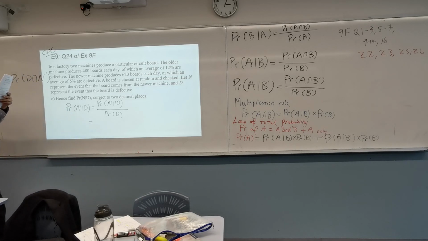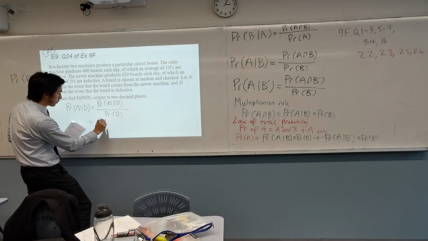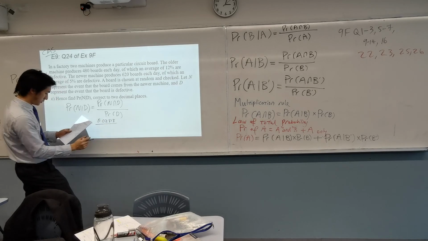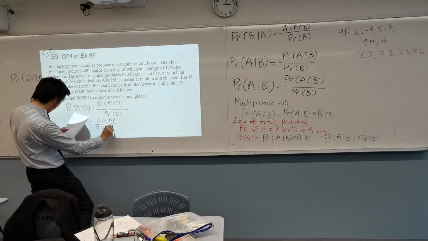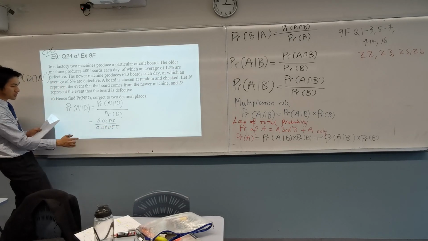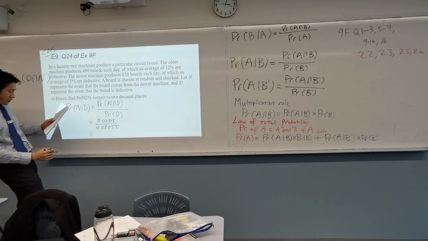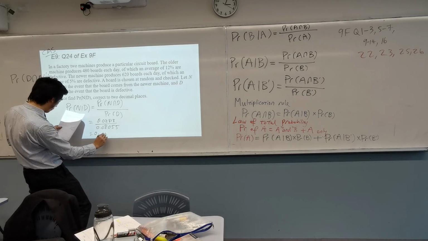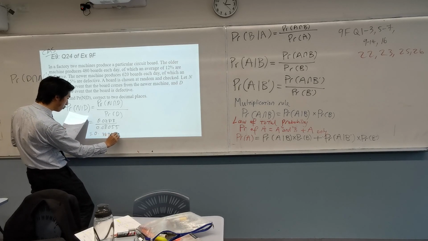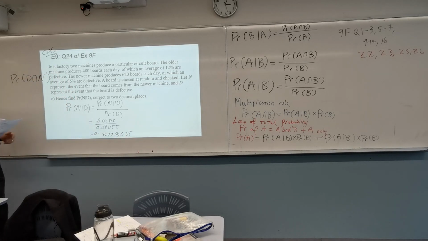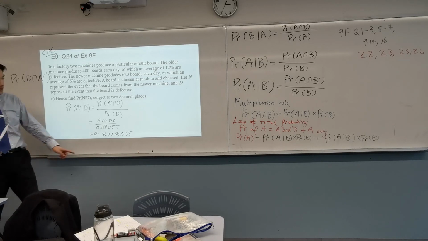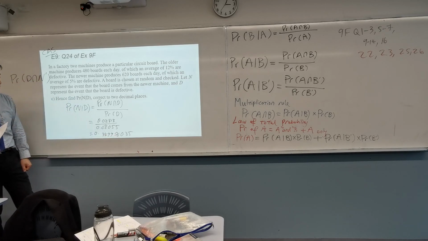Now I've got those answers already. 0.02818 divided by 0.08055, which we got just before, and that's going to be equal to 0.3499, which approximately equals to 0.35. So that means if you pick a board from the pile and you know it's defective, there's a 35% chance that it must have come from the new machine.